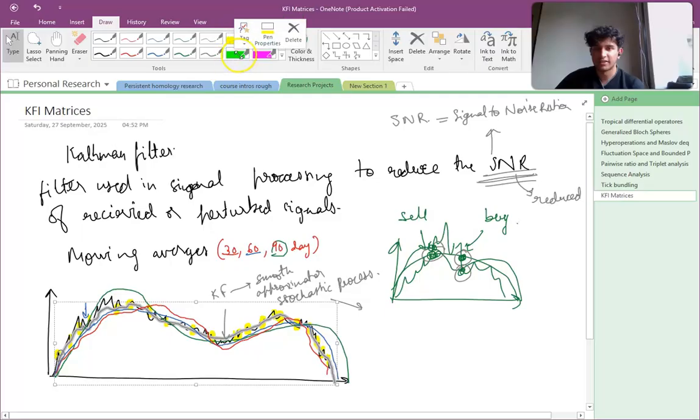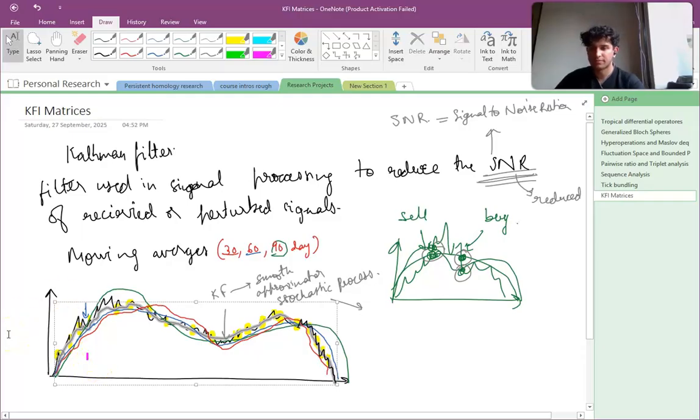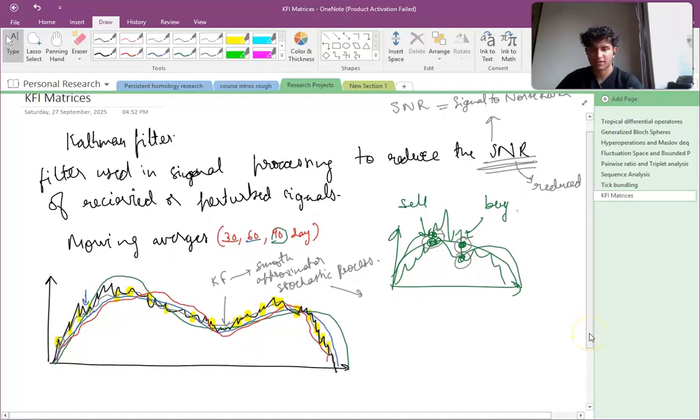Now let's consider the other moving averages. For the moving averages, we have this point over here, this point over here, this point, and more points like this, these points over here, and that's about it.